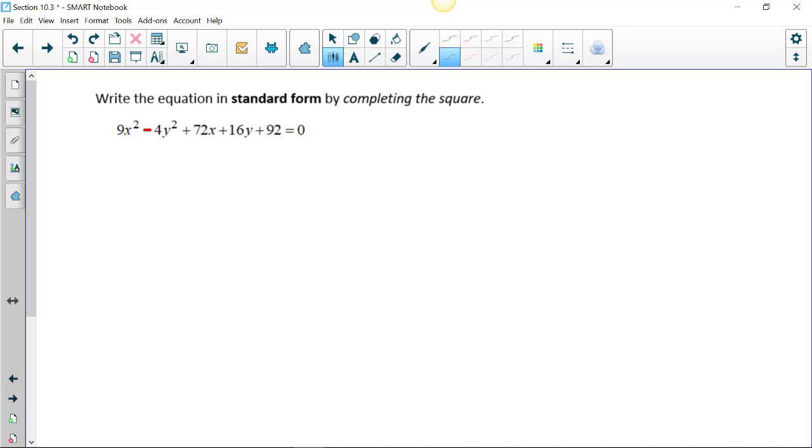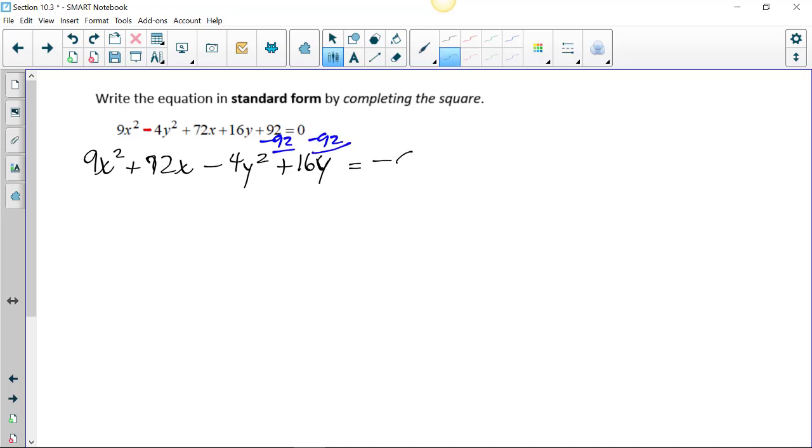Okay, so go about our business. We want the x terms in descending order together, the y terms together in descending order, and the constant on the other side. So I'm going to do a little rearranging and housekeeping here, just as we did with the ellipses. So I'm going to subtract the 92 and move it to the other side.